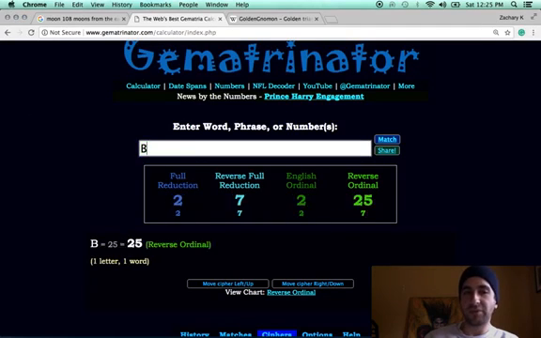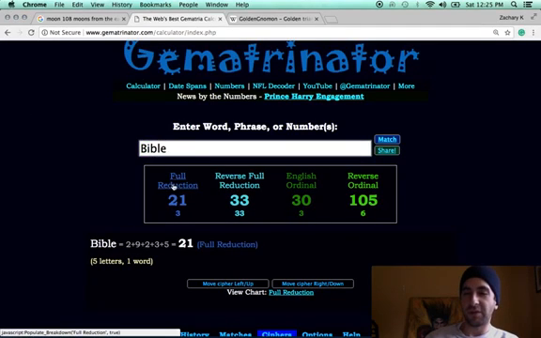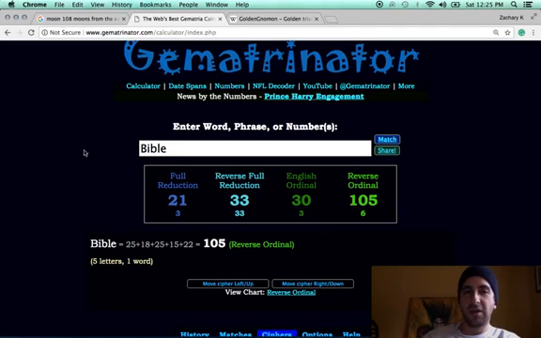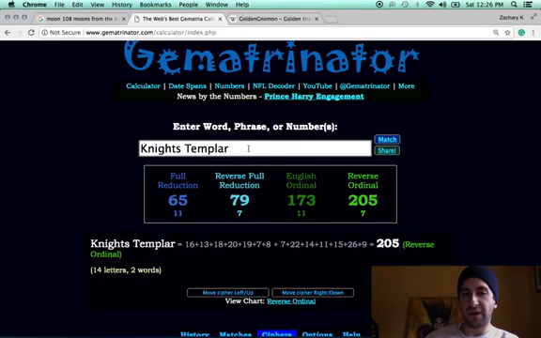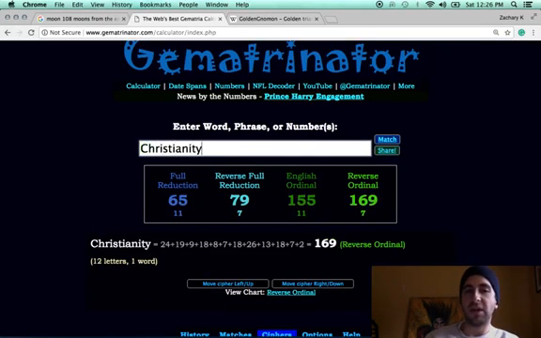And Bible equals 21. See? This whole code was secured by the Knights Templar and brought back to the Catholic Church at the end of the Crusades. And for the record, Knights Templar, 65, just like Christianity, 65. See?